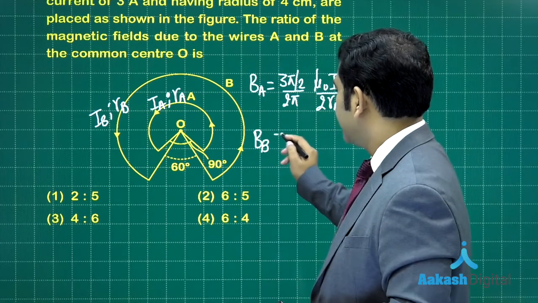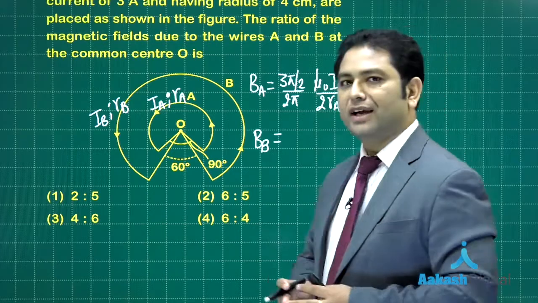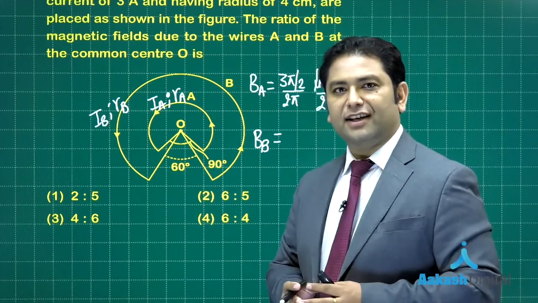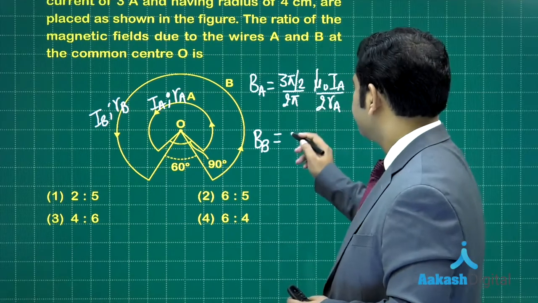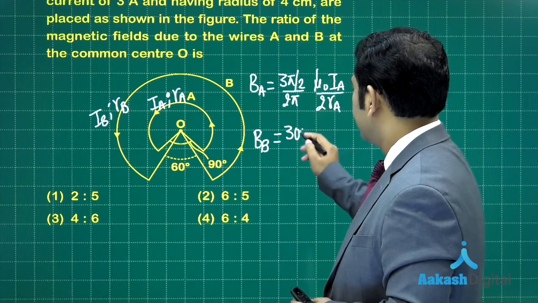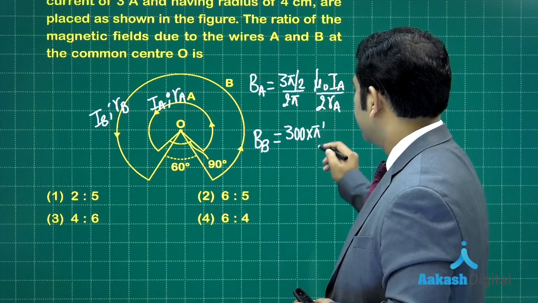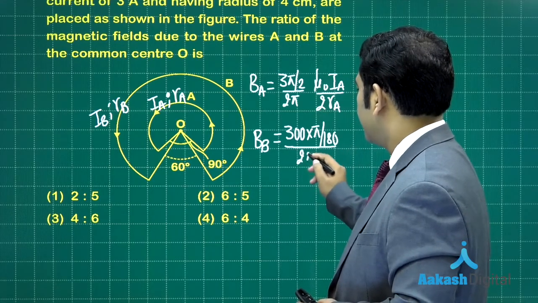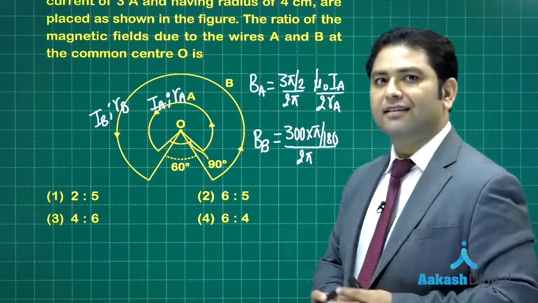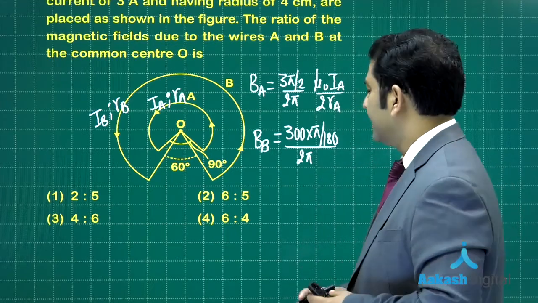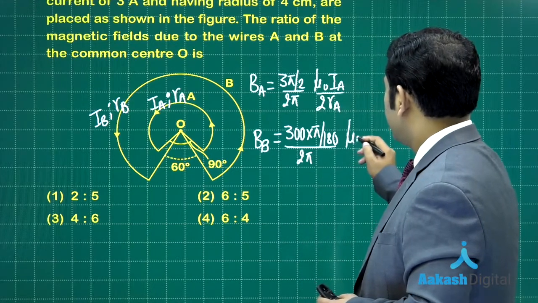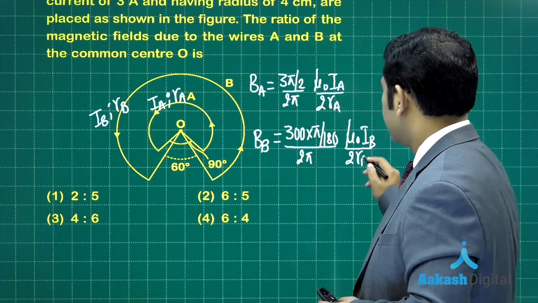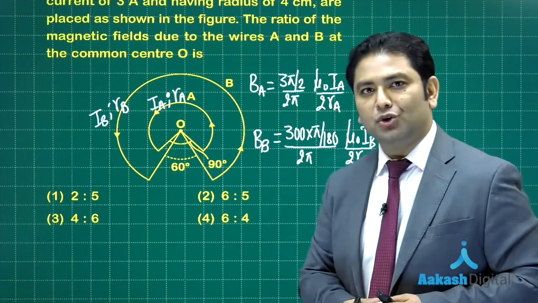So that magnetic field due to B, first of all, we need to calculate the angle. And that's 300 degree, okay? And that's going to be 300 multiplied by pi by 180. We've converted into radian divided by 2 pi. So that's going to give me the angle that it subtends. And multiplied by mu naught IB divided by twice of RB. So this is the magnetic field due to B.